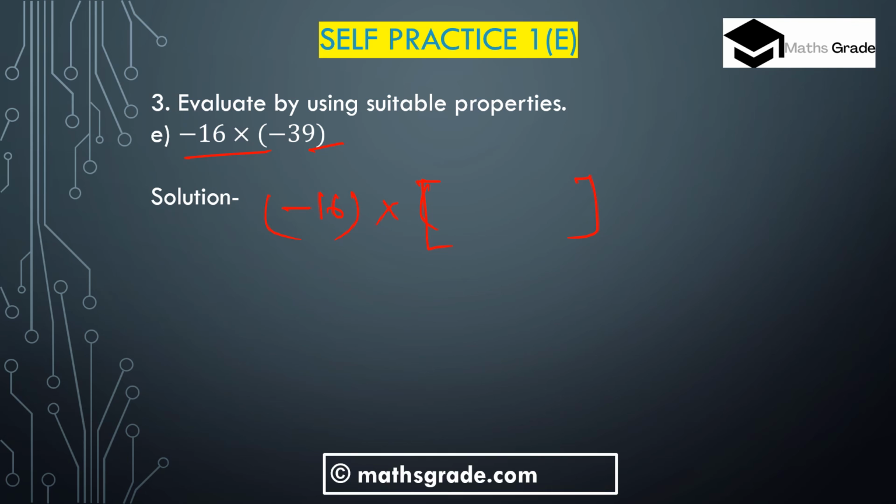So minus 40 plus 1 is minus 39. Now apply the distributive property of multiplication over addition. Now minus 16 multiplied with minus 40 plus minus 16 multiplied with 1, and this is the distributive property of multiplication.